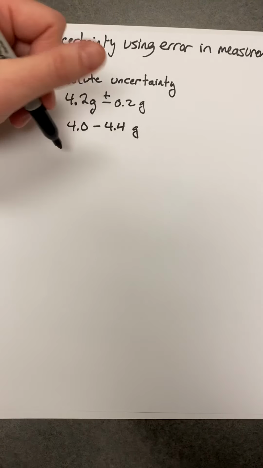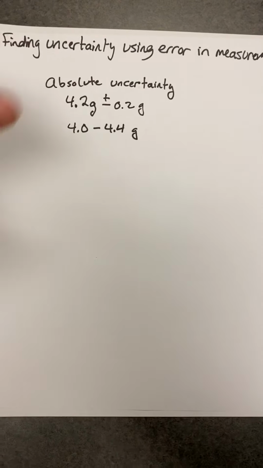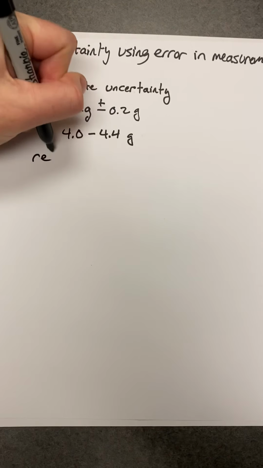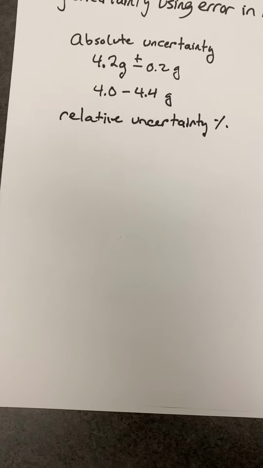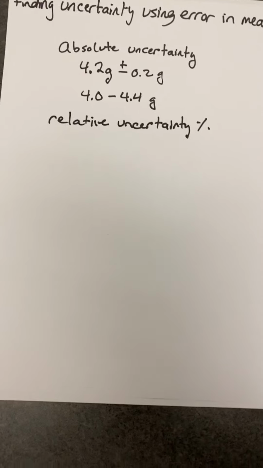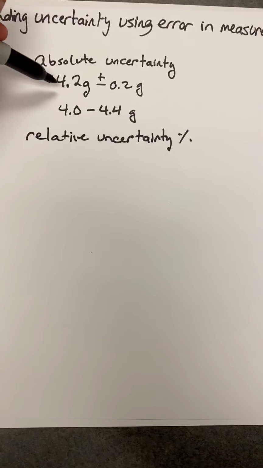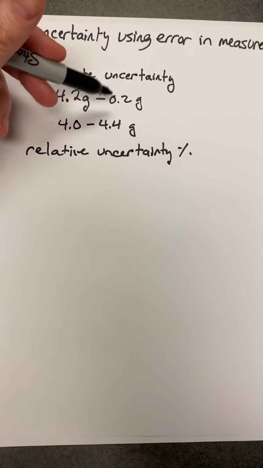Then there's also something called the relative uncertainty percent. And it's just a similar way of representing the same type of uncertainty. So for example, we know that this is 4.2 plus or minus 0.2 grams.